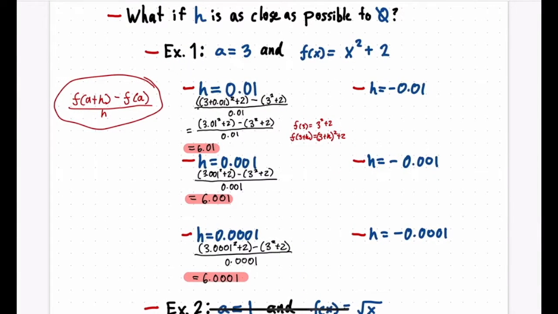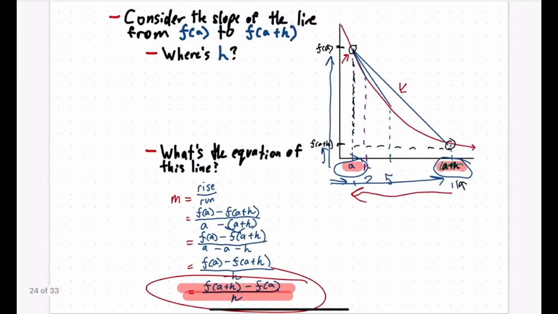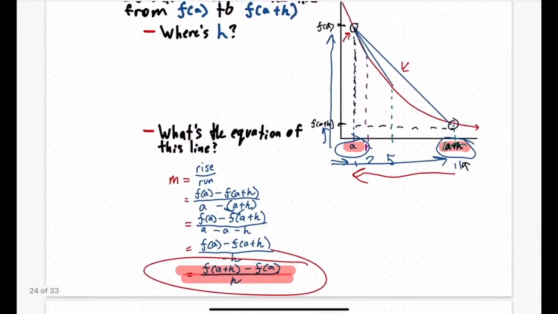So we can consider this now where h is in the negatives. It's getting as close as possible to 0, but from the negative side. And so we could consider this here using this chart that we have up here, let's just draw a rough approximation of it. It looks like this.